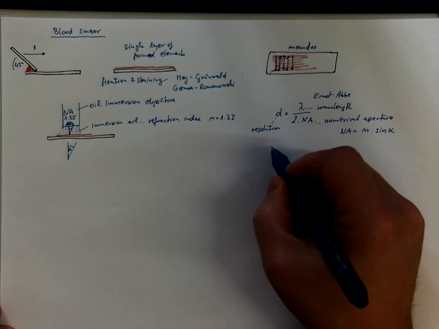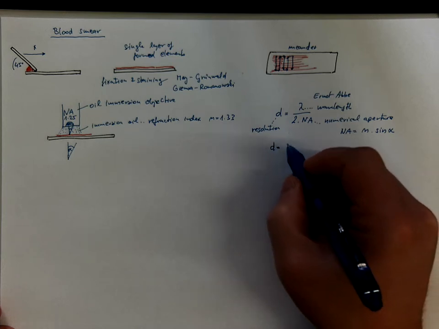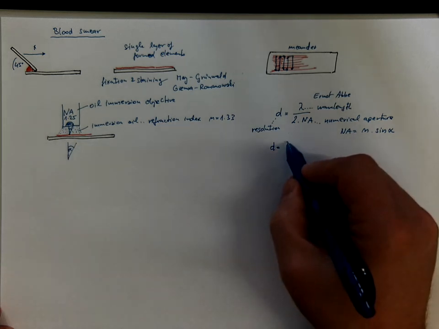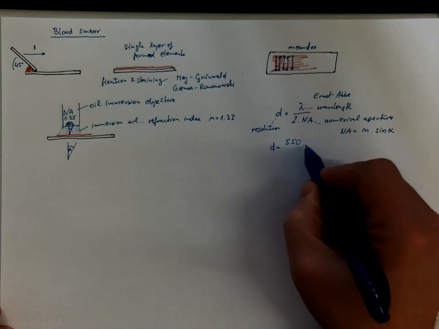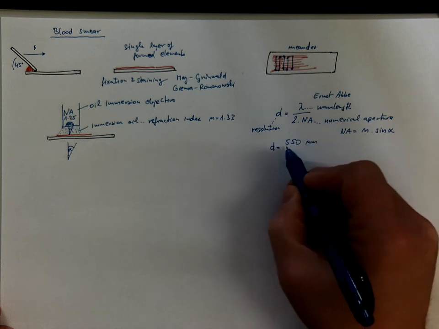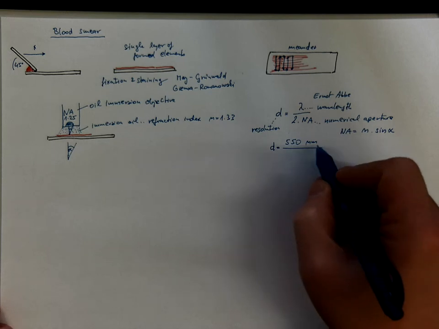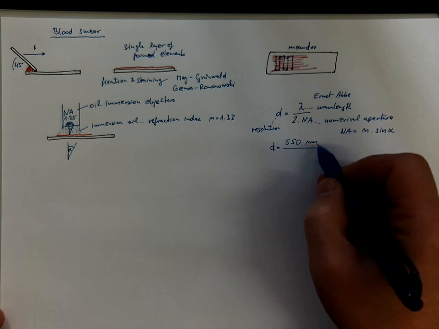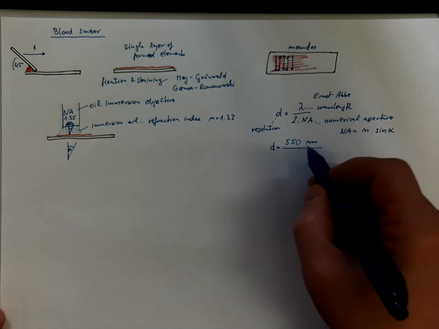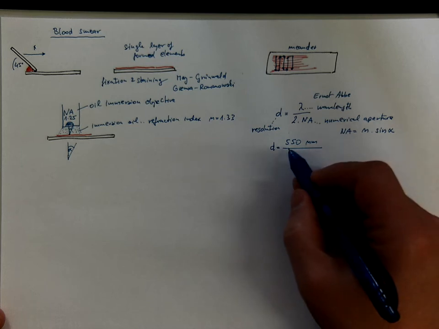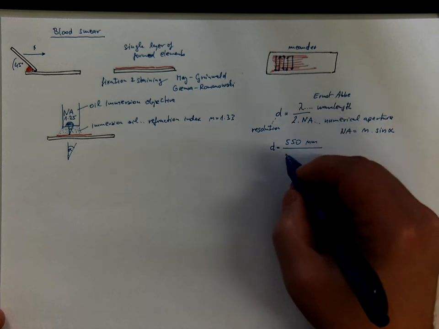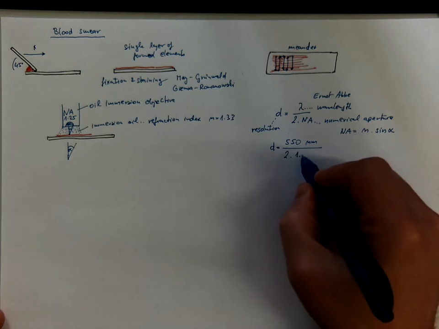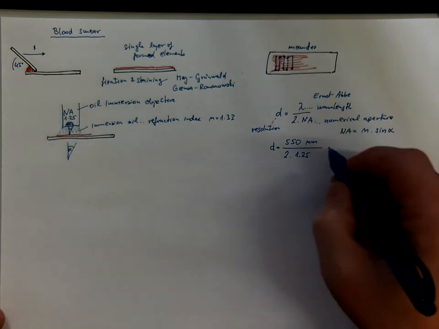And if you try to calculate the resolution, how it's improved by using this immersion oil technique, let us say the wavelength would be 550 nanometers, which is approximately the wavelength of the green or green-yellow light to which the human eye is most sensitive, and it's in the middle of the range of wavelengths of observable light, divided by 2 times 1.55, which is the numerical aperture of the objective.